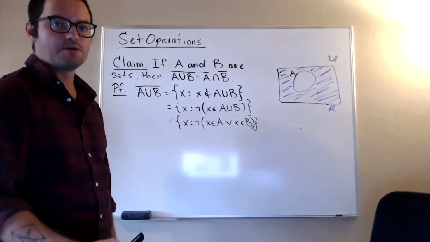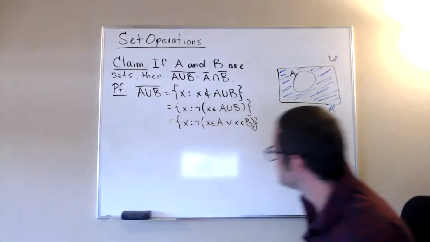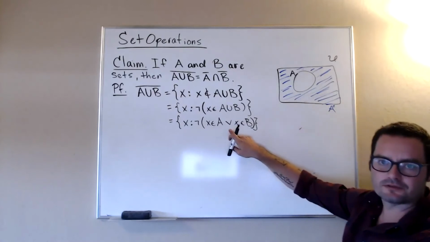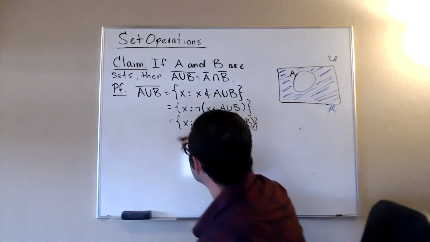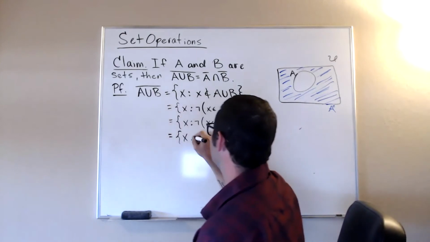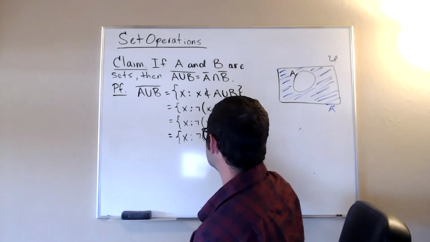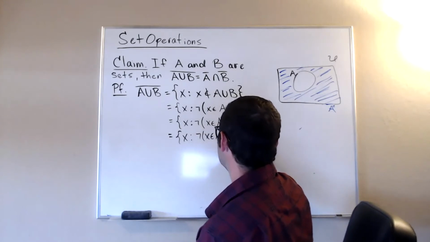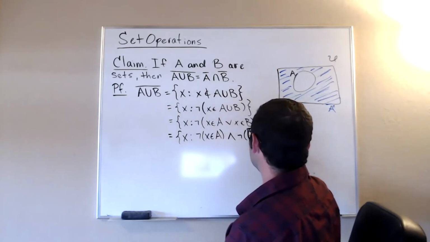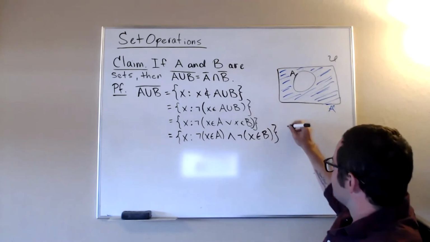X is in A or x is in B. But now we see that we're negating an or, right? So this is equivalent to the set of all x such that it is not the case that x is in A, and it is not the case that x is in B. And this was by De Morgan's law.